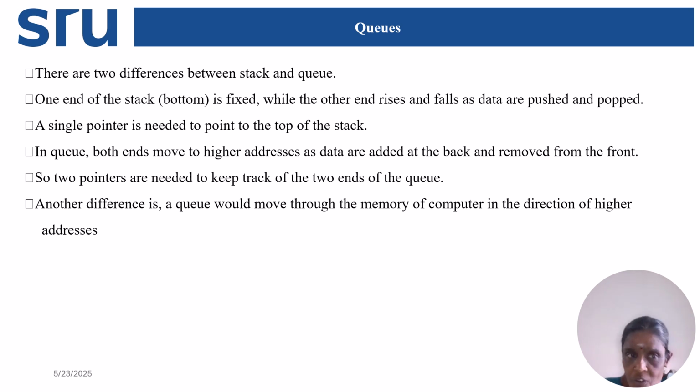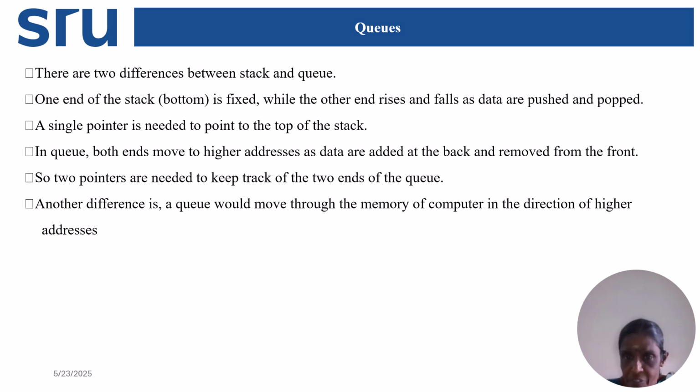So in case of stack, only one pointer is enough to indicate the stack location, I mean the location where the last data is stored. But in queue, both ends move to higher addresses as data are added at the back and removed from the front.